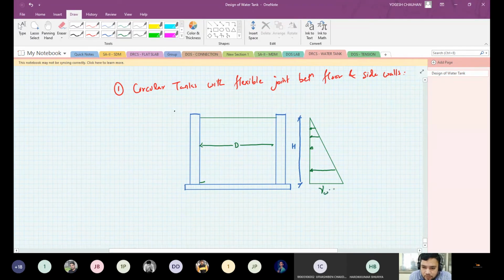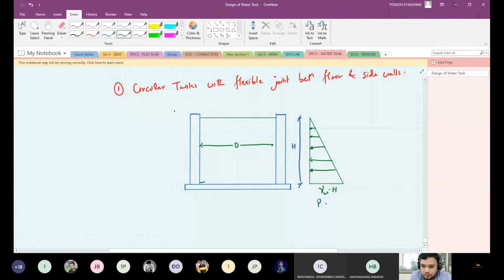But here it is water, so gamma W times H. This is the pressure intensity at the base. This is pressure diagram.